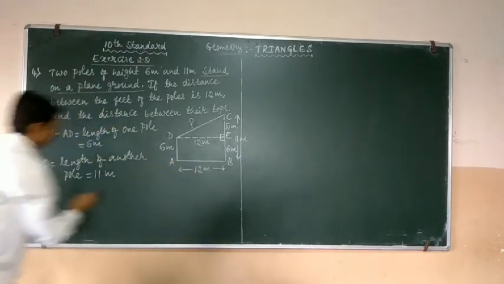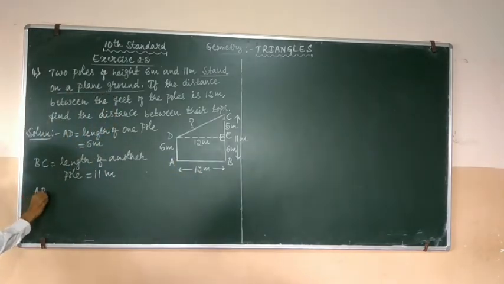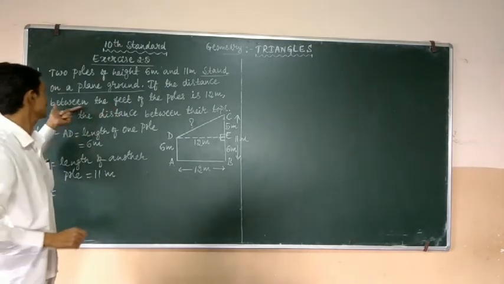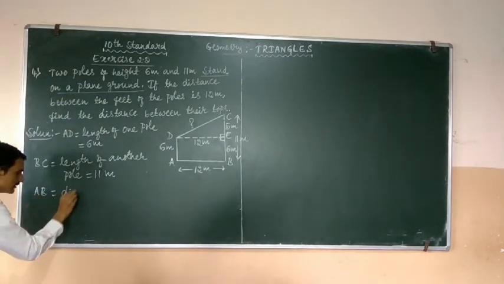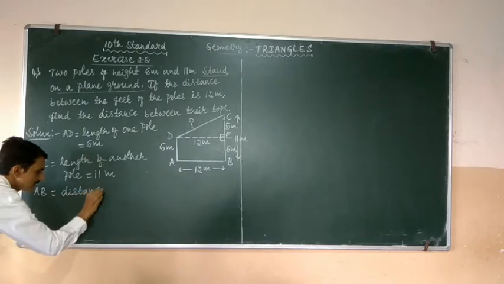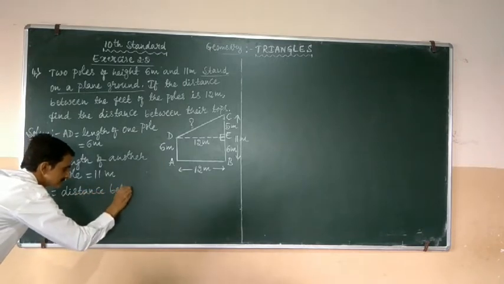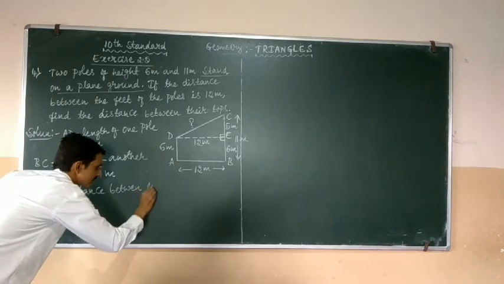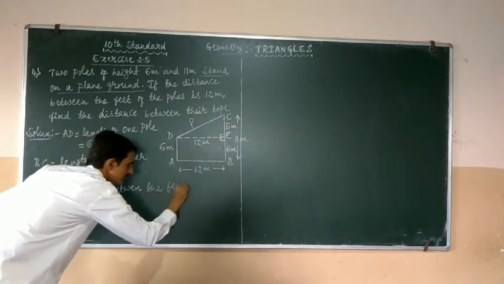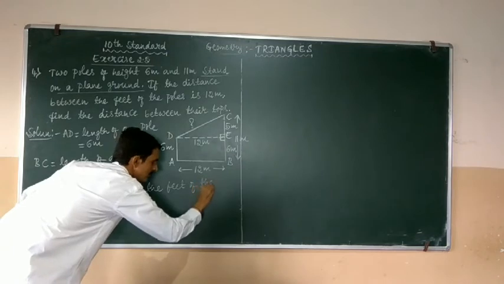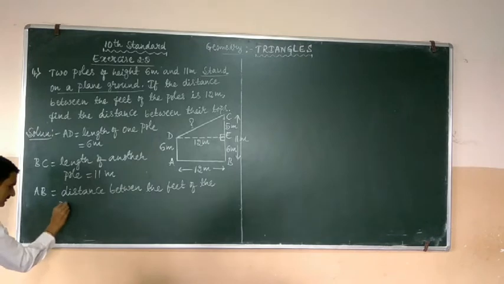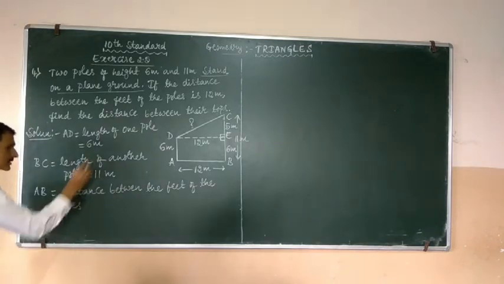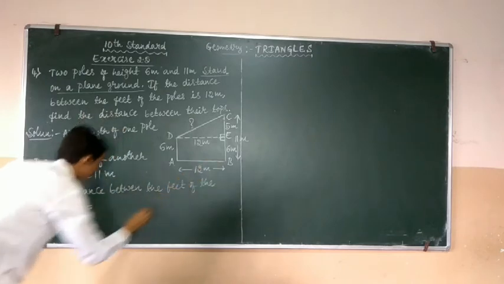Whereas AB, what do you call AB? AB is the distance between the feet of the poles, which equals 12 meter.